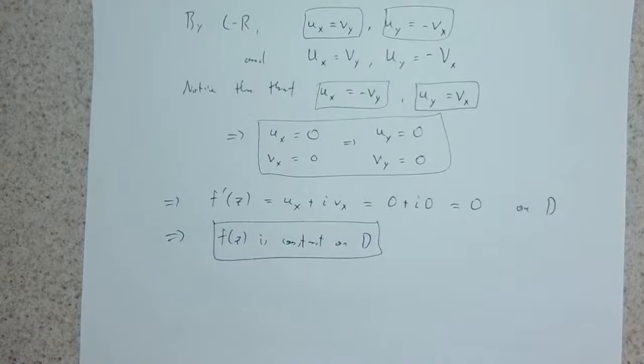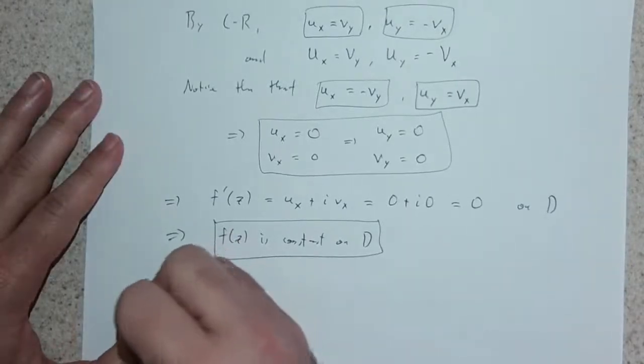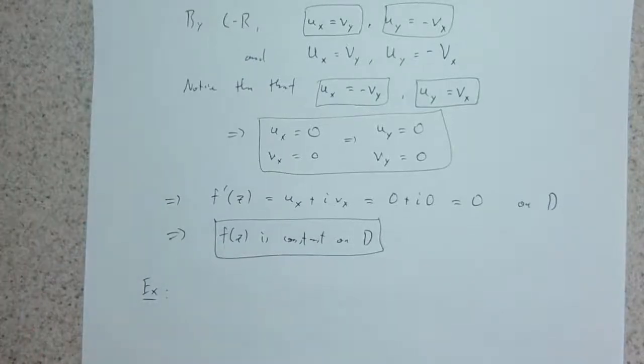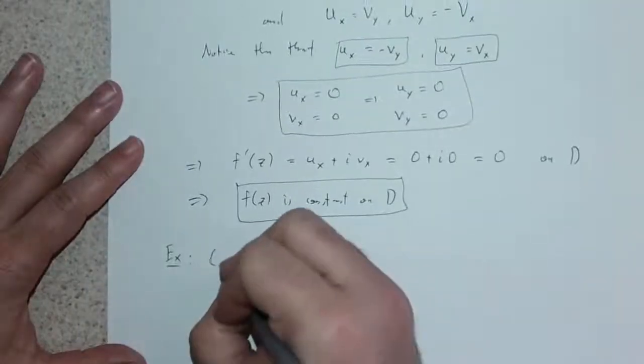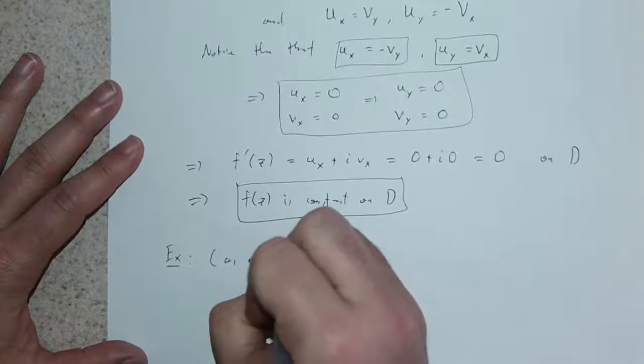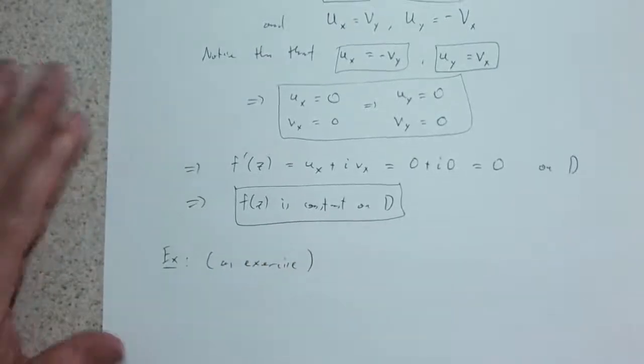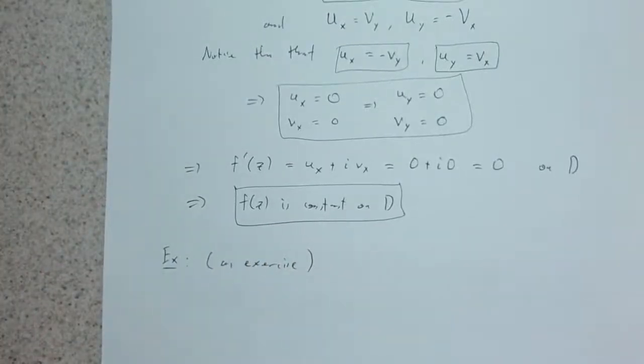Okay, so here's a basic example of a type of fact that we might show like this. Here's another example that I'll leave it to you to show. As an exercise, put this in your next homework.